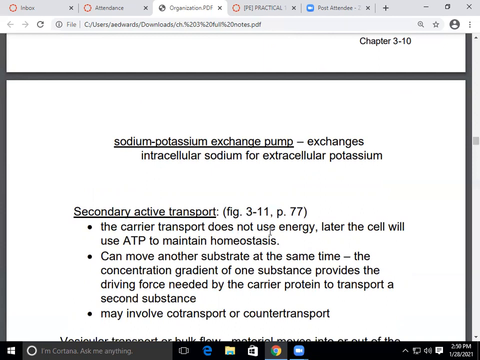I mean, if you want to take a whole year of biology and a year of biochemistry, that's great, but I'm guessing most of you probably don't want to do that, and I'm okay with that. So you just need to know the sodium-potassium exchange pump is active transport, okay? It takes sodium that's on the inside of the cell and moves it out, takes potassium that's outside the cell and moves it in. That's what you need to know.